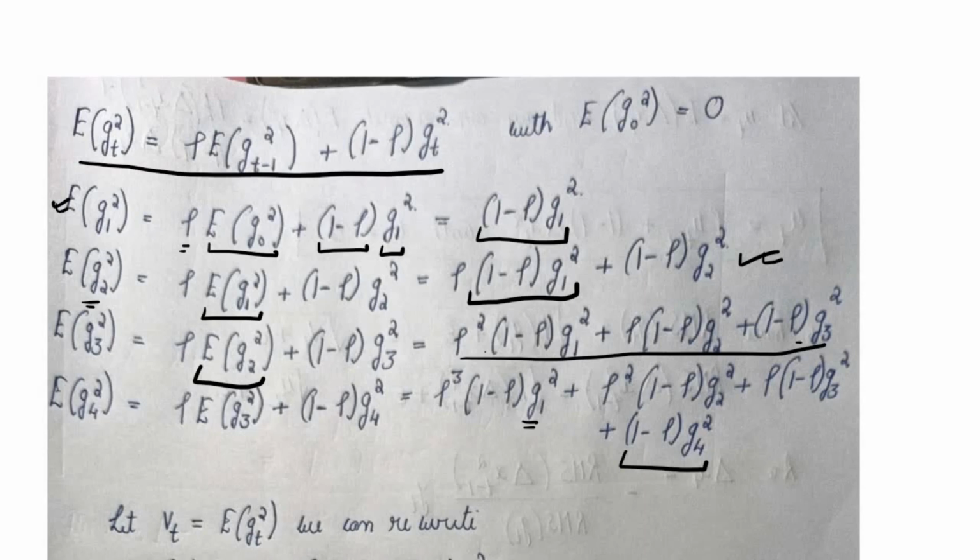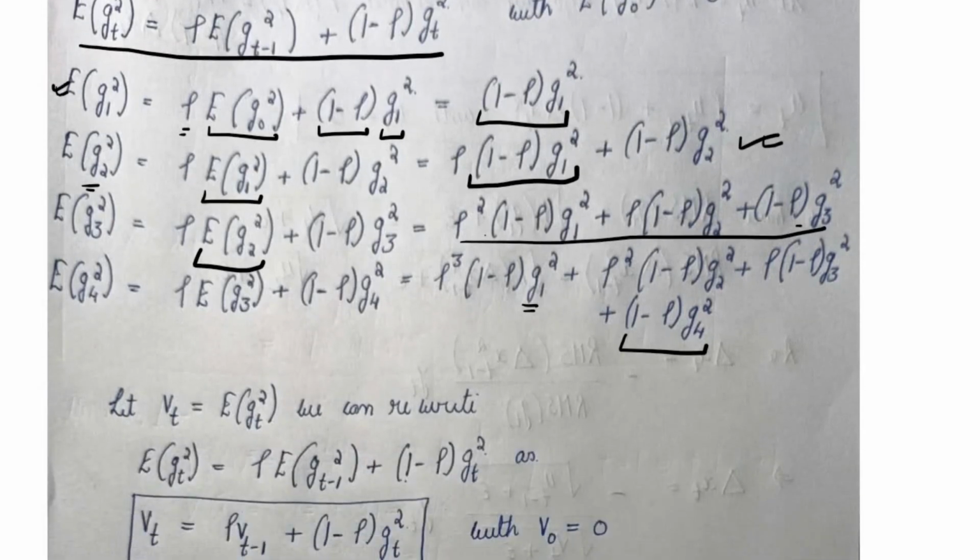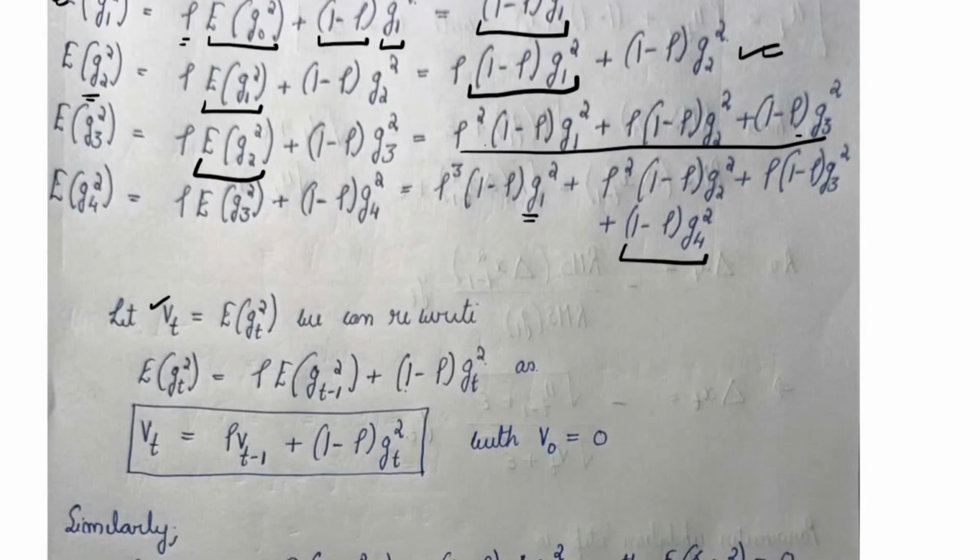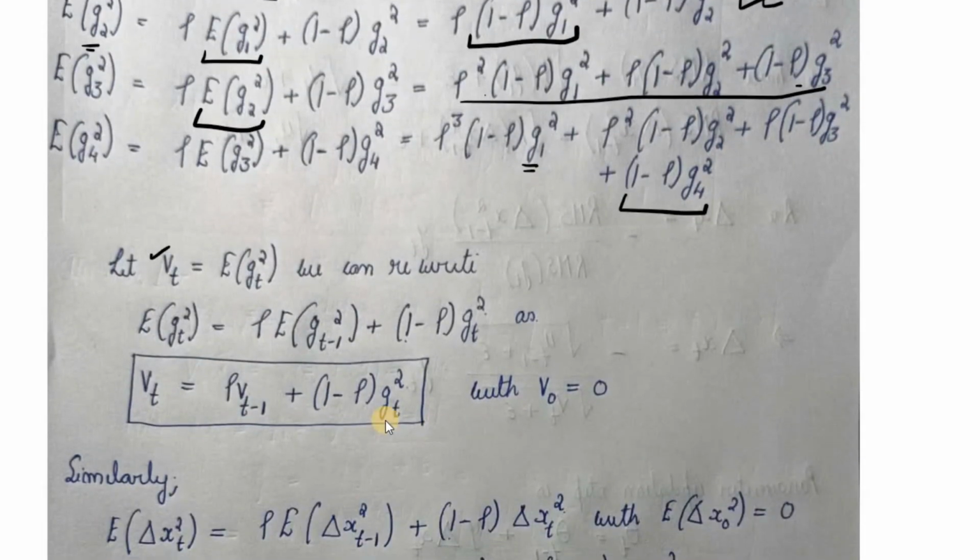So now we can make a substitution over here. We substitute the expected value of gt square with vt. Now on doing this, the formula becomes vt is equal to rho times vt minus 1 plus 1 minus rho times gt square. This is what we are getting over here.